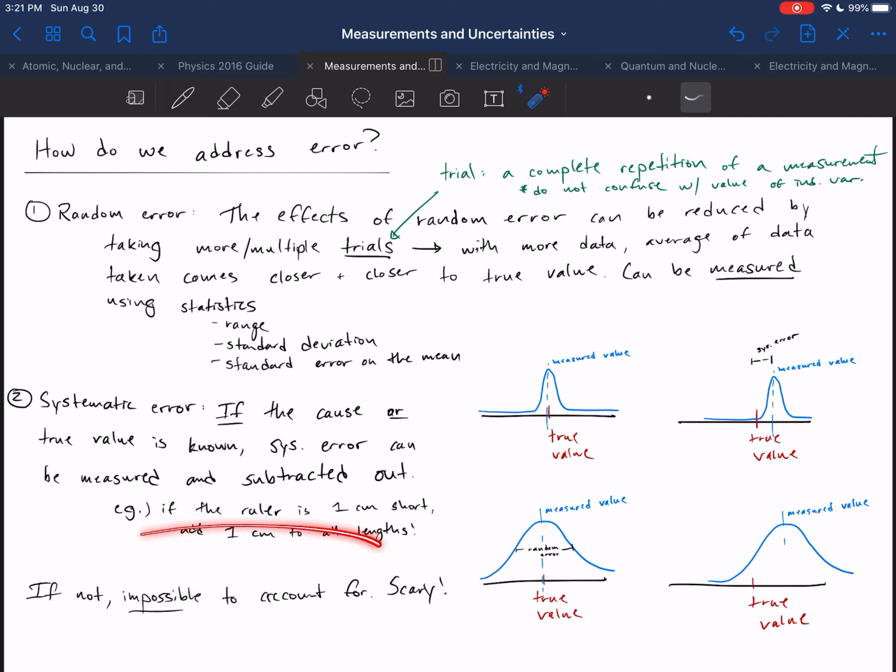So, strictly speaking, in new science, or when you're doing research and you don't know what the value is supposed to be, it's impossible to directly account quantitatively for the systematic error if you don't know the cause. And that's pretty scary.